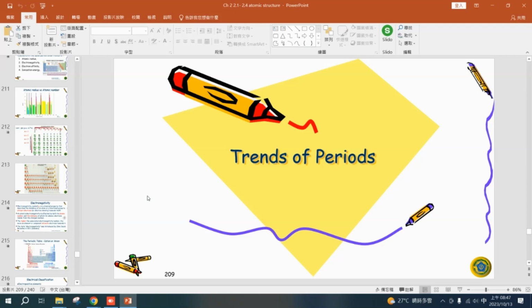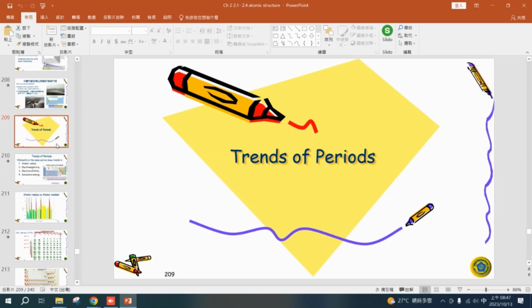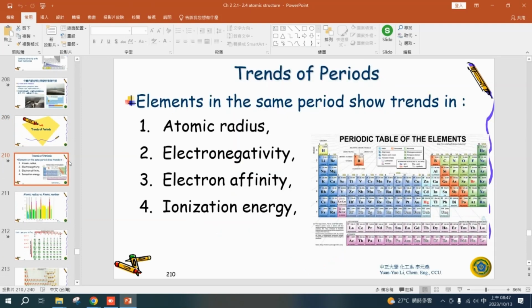So, as usual, before we go to the lecture, let's recall what we have learned on Wednesday. Wednesday, we started to know the periodic table, right? And then we know there are four traits of the periodic table.